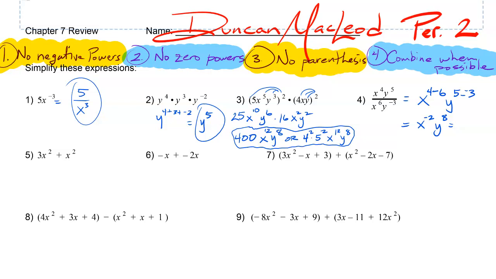Oh, I got what you're saying. Okay, so the y8 we're not going to do anything with, but you were correct that we would move the x to the bottom, like the over part that you were trying to talk about. On the bottom, we would write a positive 2. So the negative symbol in a power means to move it, but it turns into a positive 2 on the other part. So this would be the final answer.